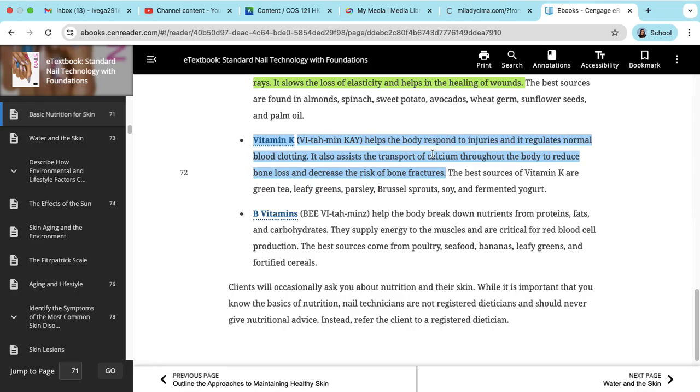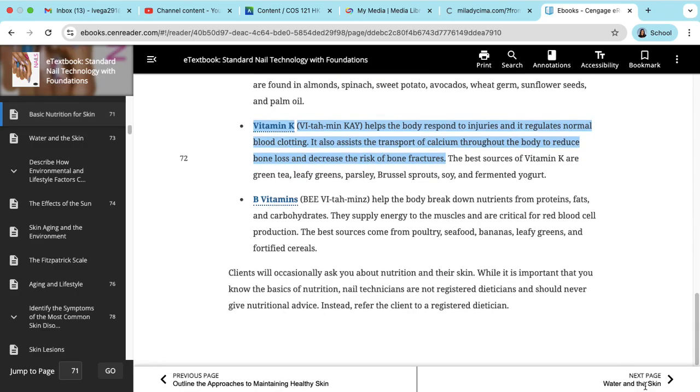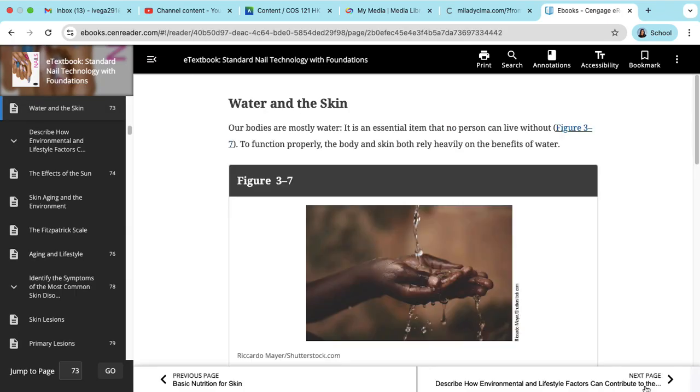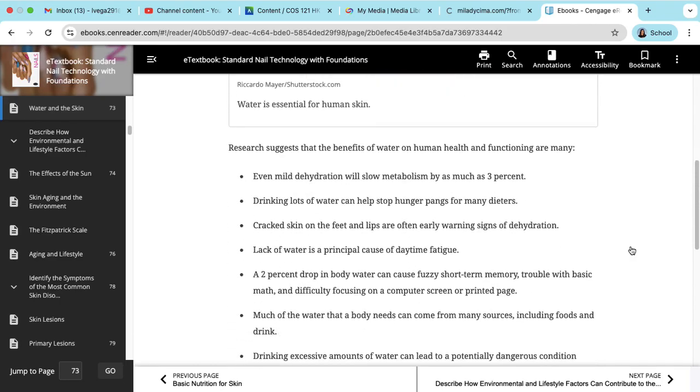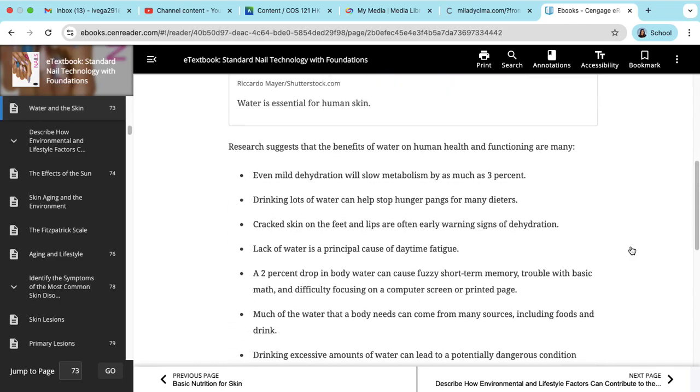B vitamins help the body break down nutrients from protein, fats, and carbohydrates. Water and the skin. Water is very important for the skin. It helps the body get its nutrients.